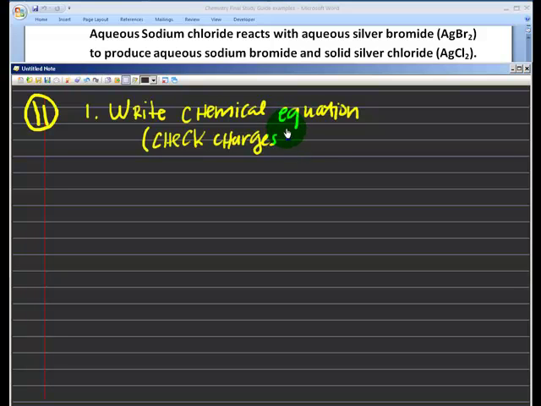Aqueous meaning they dissolve in water. So we always want to remember to check charges of these aqueous ionic compounds, or even the solid ionic compounds. And number 2, don't forget to balance the chemical equation.